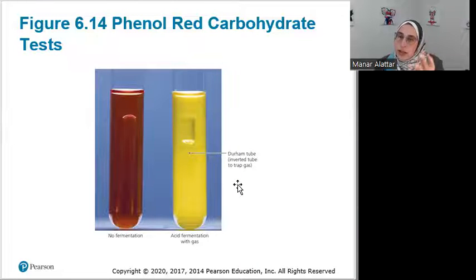If they're fermented, we get a color change. And if they're not fermented, we don't get a color change, right? And we can also see whether gases are produced. And so if we see a yellow color change and or gas being produced, then we know that that specific microorganism is utilizing that specific sugar. And so that allows us to differentiate between different microorganisms that use different types of sugars in their fermentation.